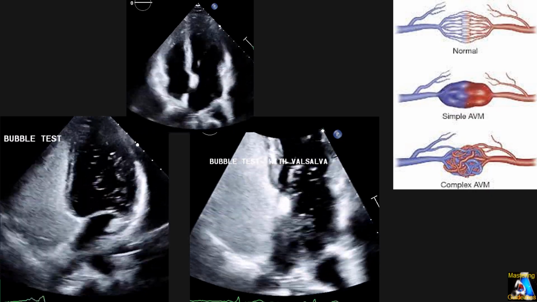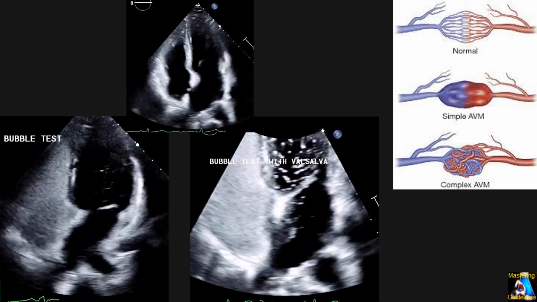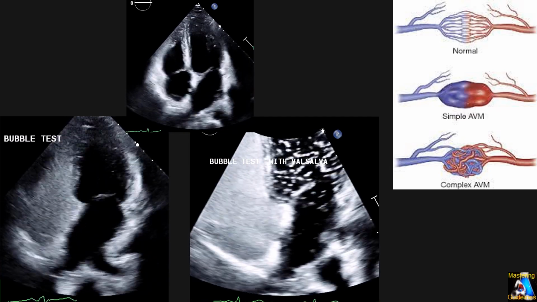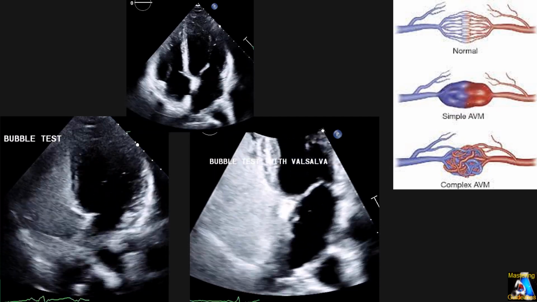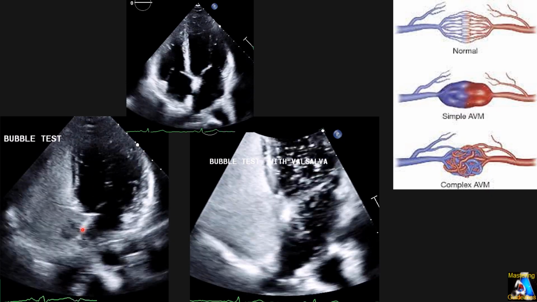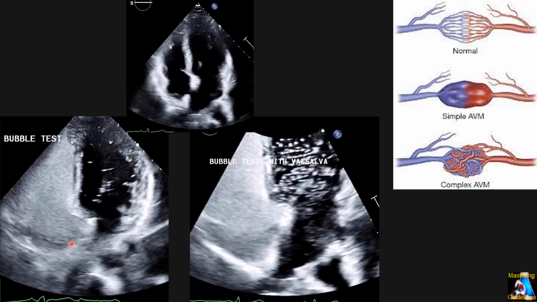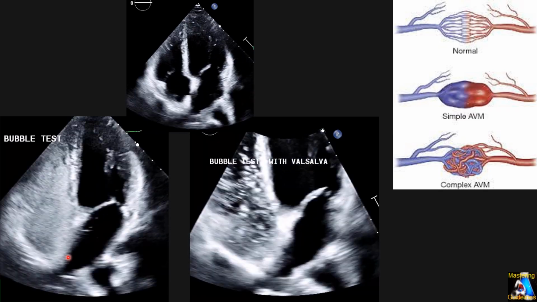Another reason for echo, and especially the bubble test, is ruling out right to left shunt, at the top of which is interatrial septal defect, PFO or ASD.